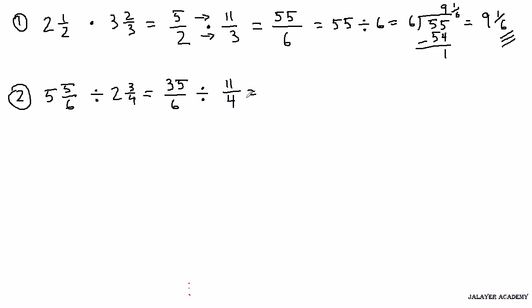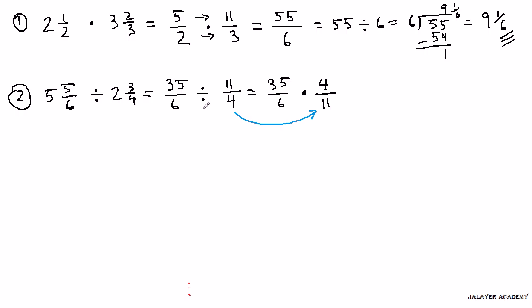So we got one step closer. 35/6 divided by 11/4. Now we remember from the dividing fractions video that the trick in dividing fractions is you keep the first fraction as is, and you convert to multiplication and simultaneously flip the second fraction, right?